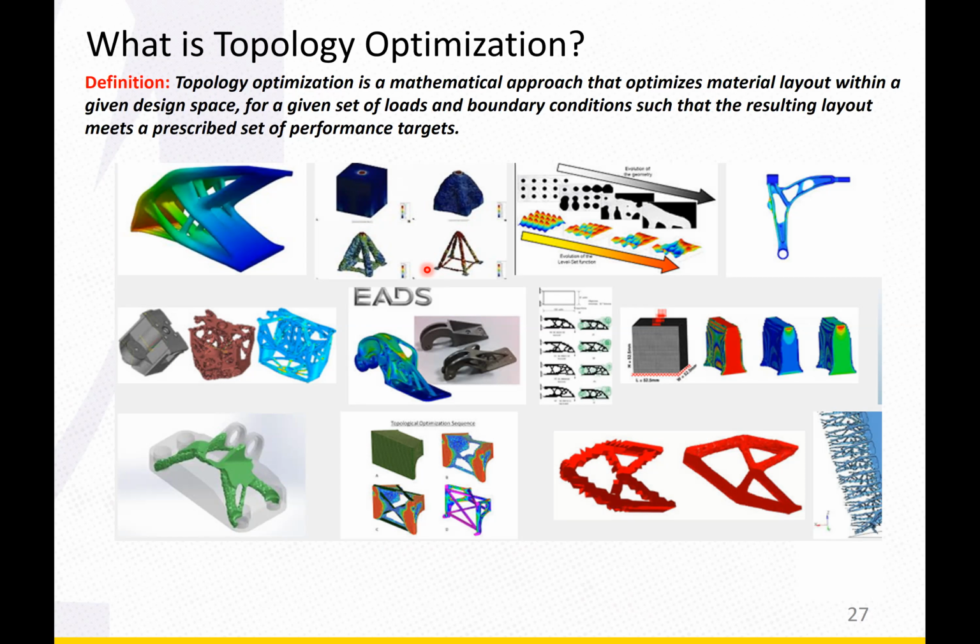So basically, topology optimization starts with a given base domain, and the user could specify the boundary conditions and the loads they want. Then the algorithm will automatically grow a structure which satisfies the constraints and the requirements. So that is the workflow for topology optimization.